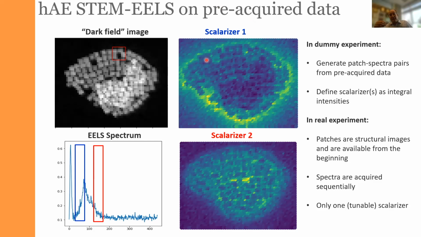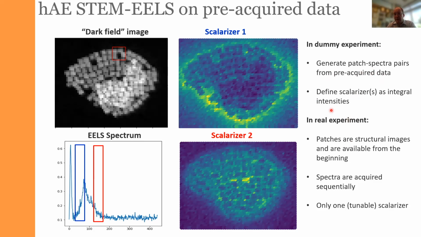So basically, the way to develop this type of workflow is to do it in a dummy experiment, where we generate large volumes of prior data, and then we treat this pre-acquired data as if we are running the experiment. So the more data you have, the easier it is. In this dummy experiment, we generate patch-spectra pairs from pre-acquired data, and we can define the scalarizers and do whatever we want.